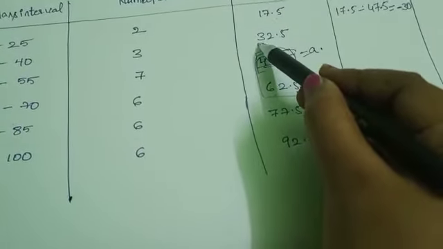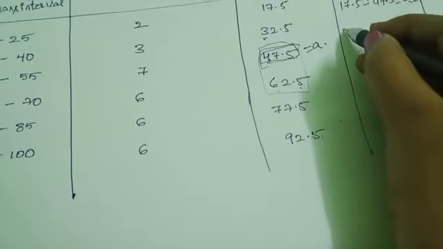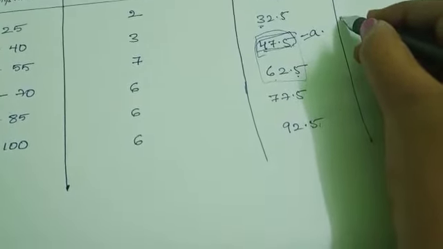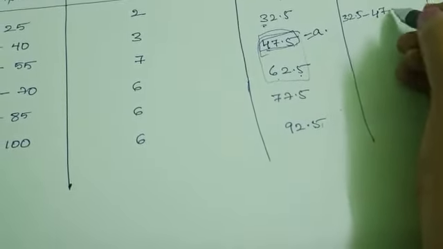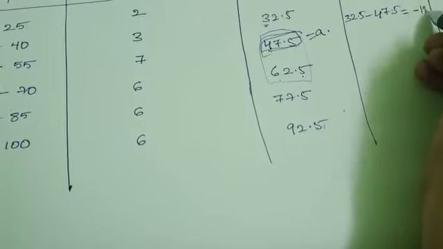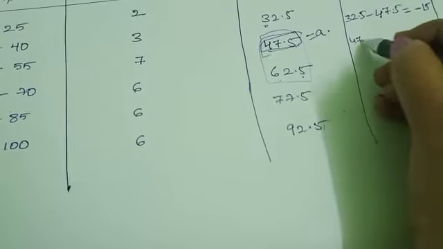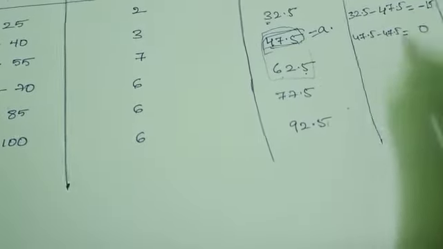Next step, deviation of A: 32.5 minus A value 47.5, which is equal to minus 15. Next, 47.5 minus 47.5 equal to 0.